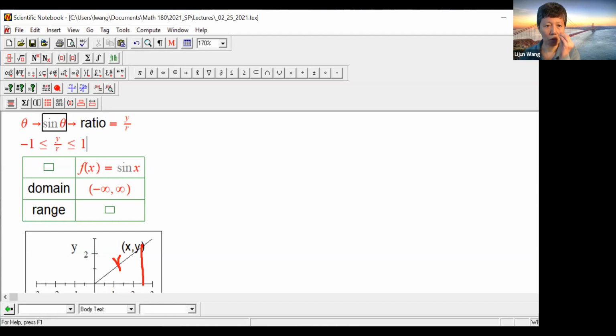Okay, Cortland is almost right, but he has parentheses between -1 and 1. It should be brackets. So the range is the bracket -1 to 1.